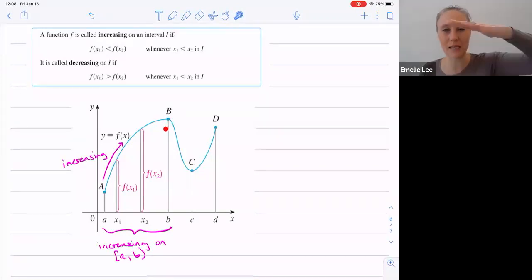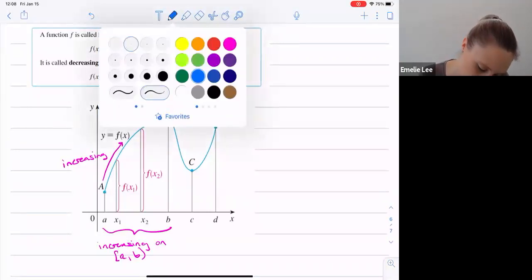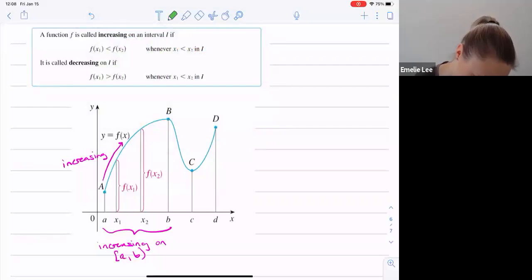But at the peak, at this maximum, there's no slope. So there's nothing happening here. We're balancing on top. So I'm not going to include B as the increasing. You could, it's not life or death, but let's use green here.